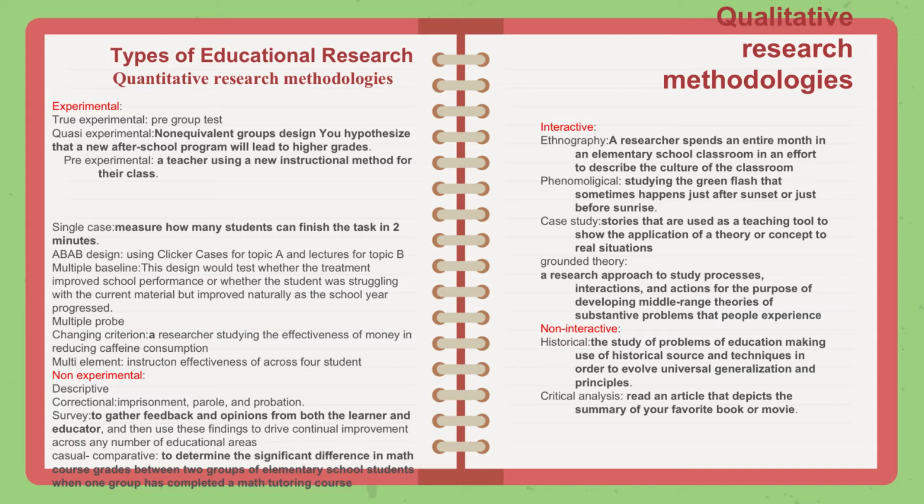The qualitative research methodologies are quite different. They are not interested in numbers and in collecting and counting. They are interested in creating narratives and understanding the social situation that they are looking at. But we'll go into this on the next screen.